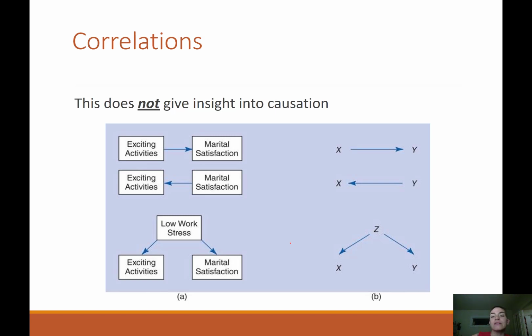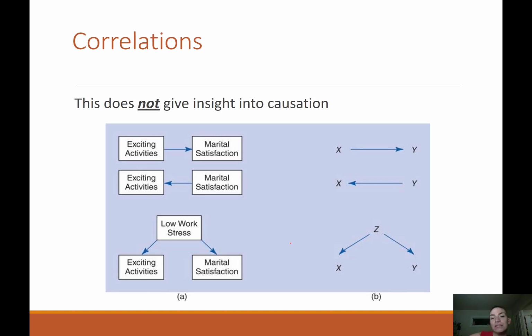And there's a reason for that. It's because we don't know which direction the relationship goes, or in which direction it's working. So if you think of the example of number of exciting activities and marital satisfaction, just because we see a relationship between those two variables, it doesn't tell us in which direction the relationship is working.